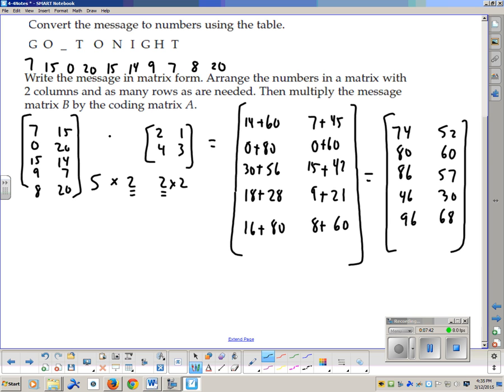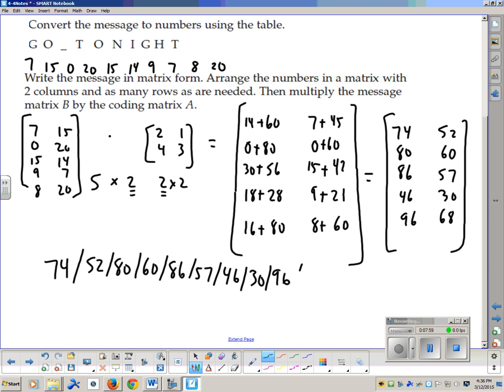So that would be our coded message, and we could write it out. We could go 74 slash 52 slash 80 slash 60 slash 86 slash 57 slash 46 slash 30 slash 96 slash 68. That would be our coded message to say go tonight.